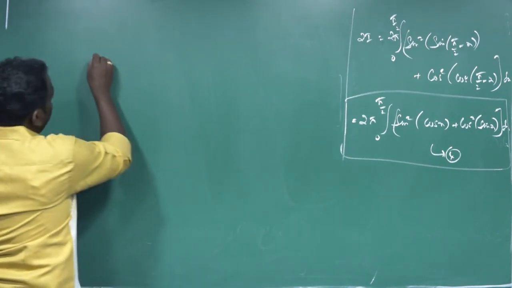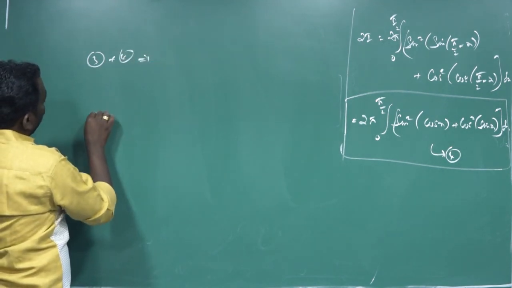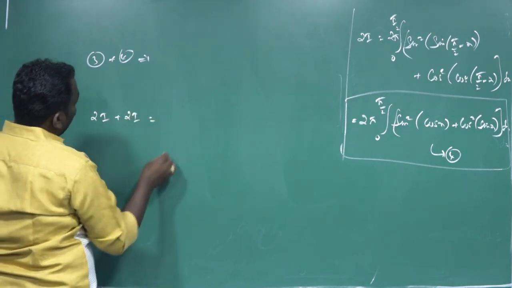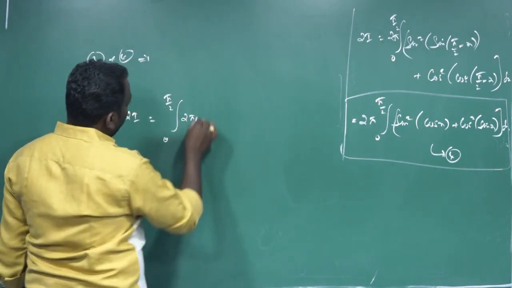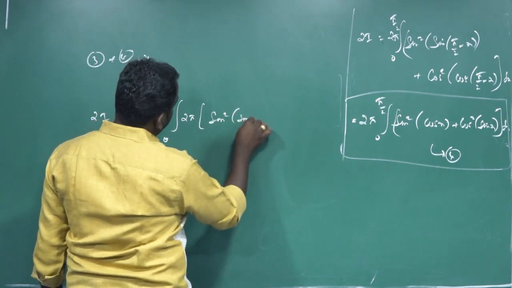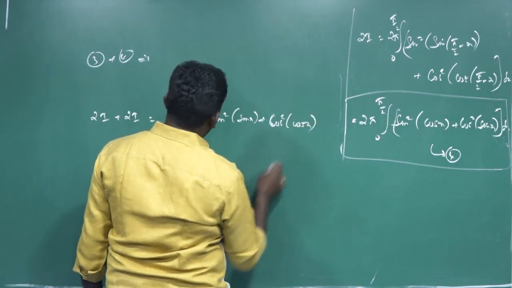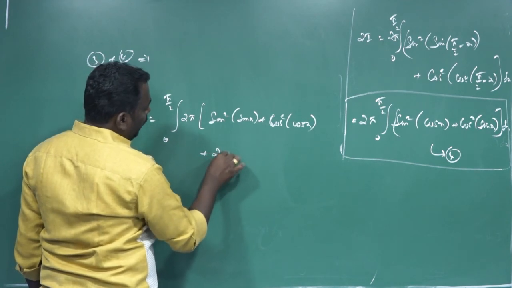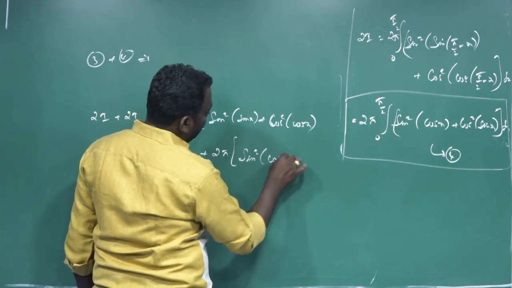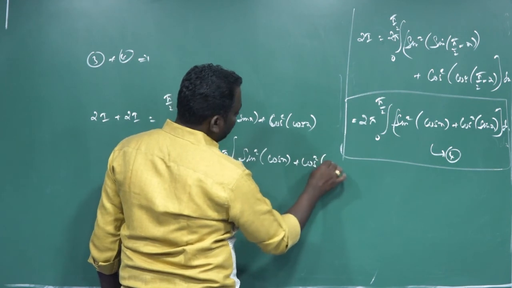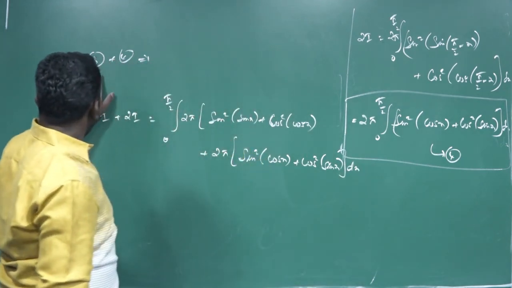The next one, adding equation 3 plus 4, implies both equation left hand sides are 2I plus 2I is equal to integral 0 to pi by 2, pi remaining within the bracket of sin square of sin x, plus cos square of cos x, and then plus 2 pi into within the bracket of sin square of cos x, fourth equation, plus cos square of sin x remaining, into dx. Just adding the equations 3 plus 4.